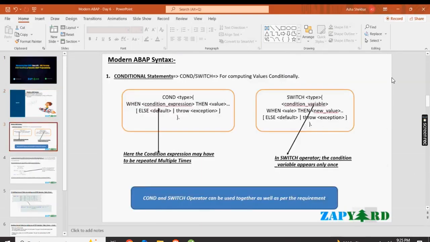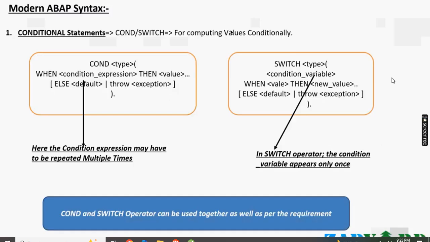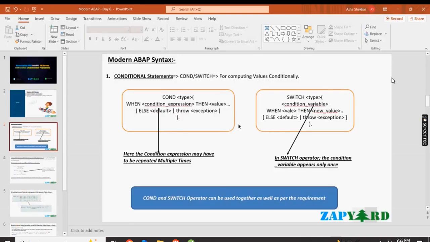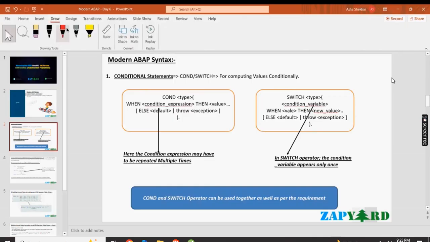So now, yesterday we had already discussed the COND and SWITCH operators. One thing I wanted to talk about today is that, as we saw the usages of COND and SWITCH, here your condition expression comes into picture and here your condition variable comes into picture, right? Yesterday we saw the difference: at least one WHEN condition is required and ELSE is optional. Now one more thing is that you can make use of THROW also.